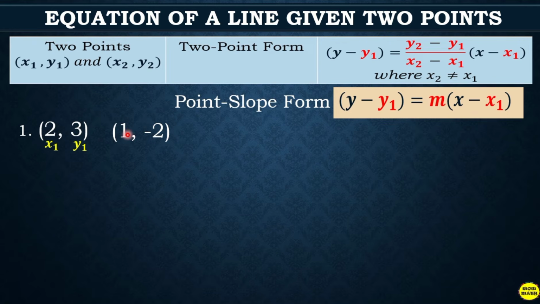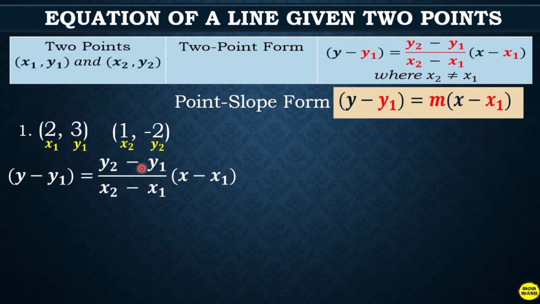Next, on your second point, ito ang ilalabel natin as x sub 2, y sub 2. Okay, so tatandaan po palagi yan. Unang-una natin gagawin, identify your given. So, x sub 1, y sub 1, and then x sub 2, y sub 2. Kung ano po yung given natin, dapat naka-label muna yan para hindi tayo nalilito sa paggamit ng ating formula sa equation of the line.